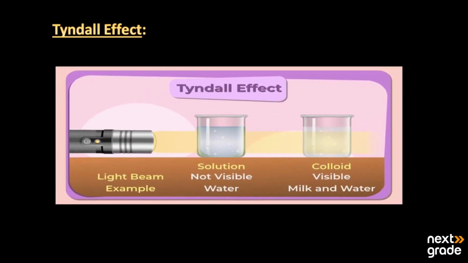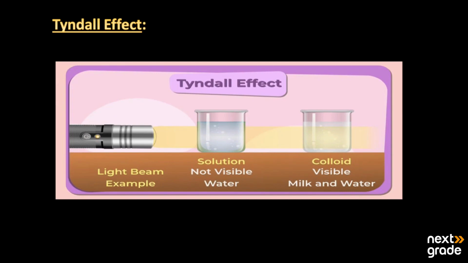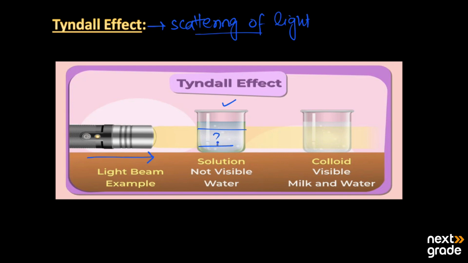Next, we have the Tyndall effect. What do we mean by the Tyndall effect? Basically, it is the scattering of light. When we simply pass a light beam through a solution, we cannot see the path of light.